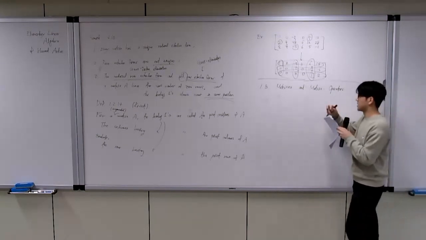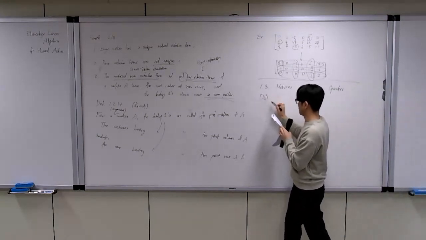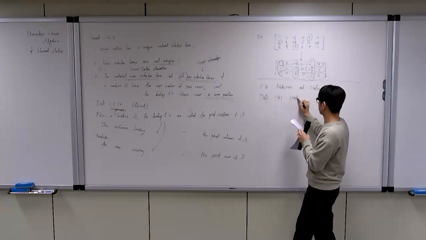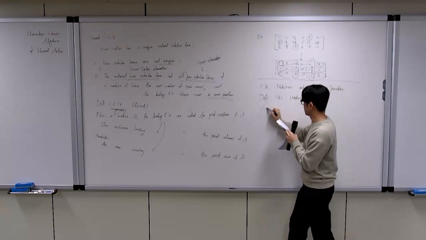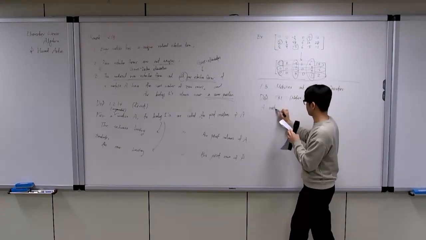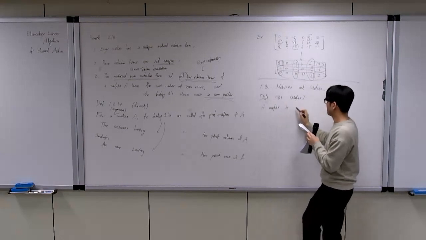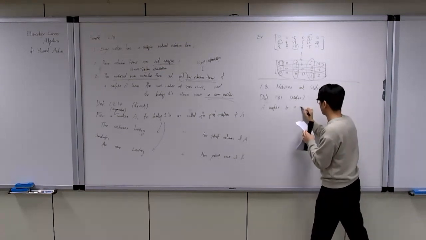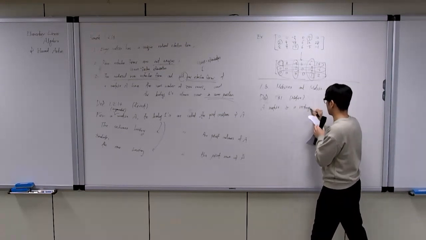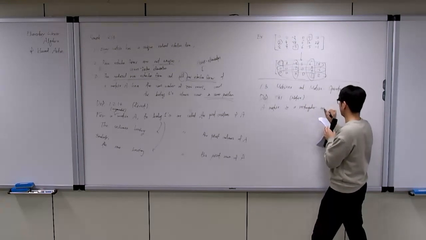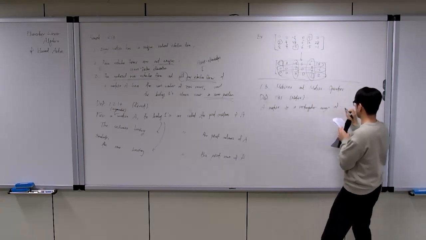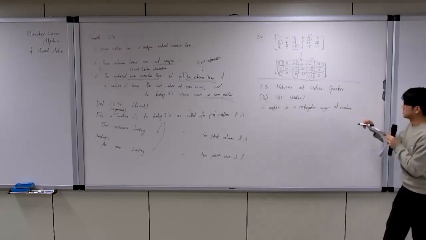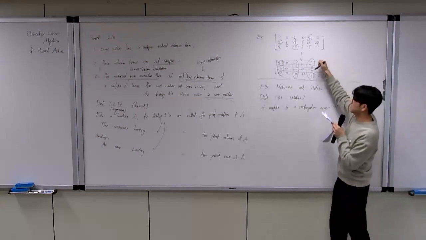In the definition, a matrix is a rectangular array of numbers, so we always denote it like this.